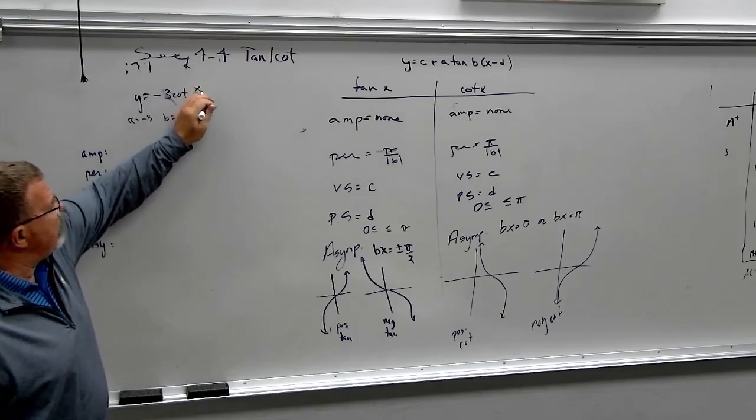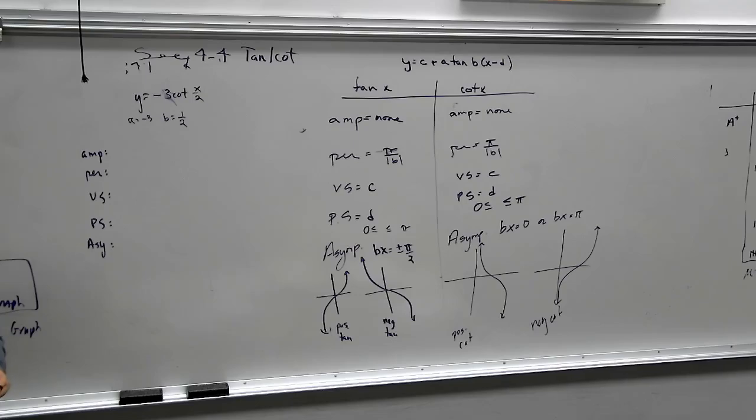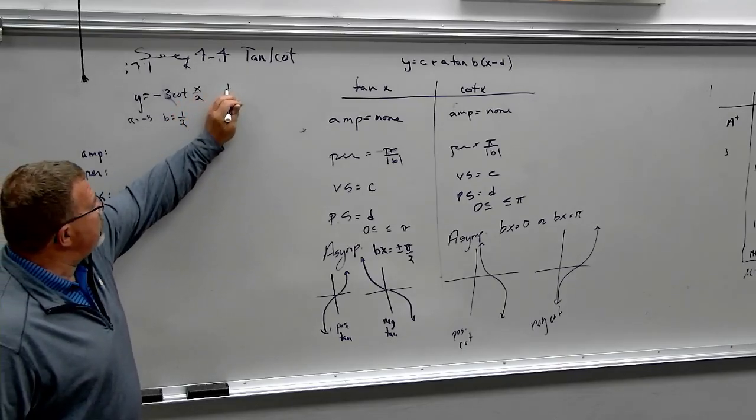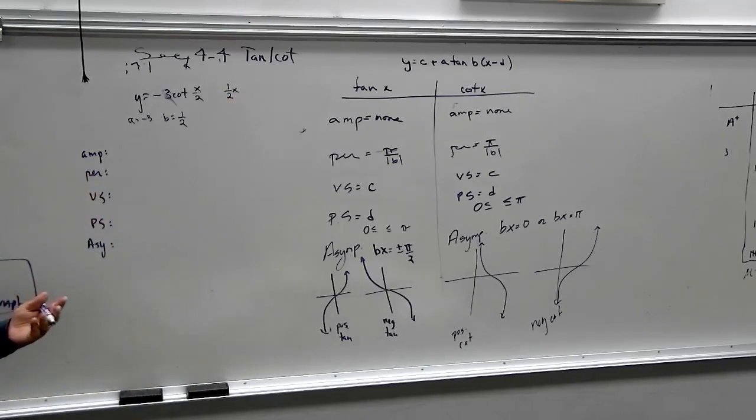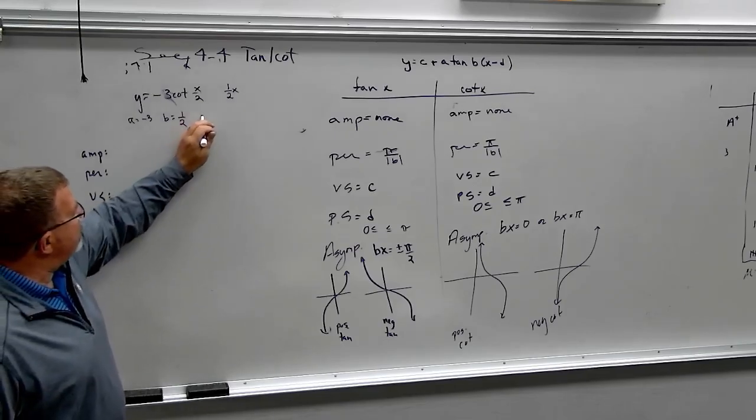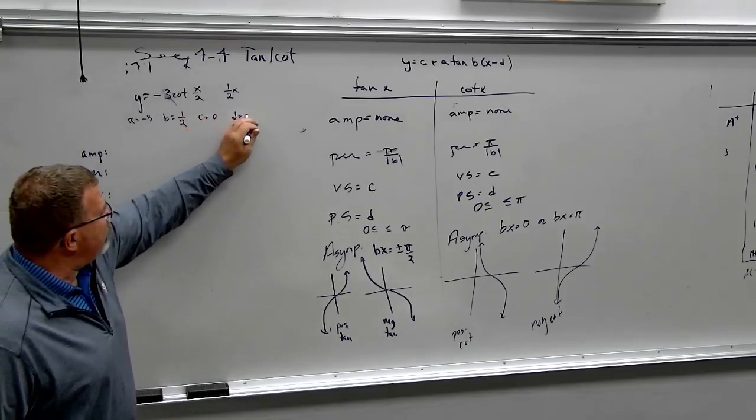Make that x over 2, not pi. But do you agree that x over 2 is 1/2 x? Okay, there's a 1 in front of that x. So our b value is 1/2, c is 0, d is 0.